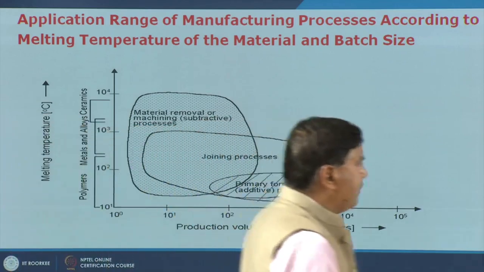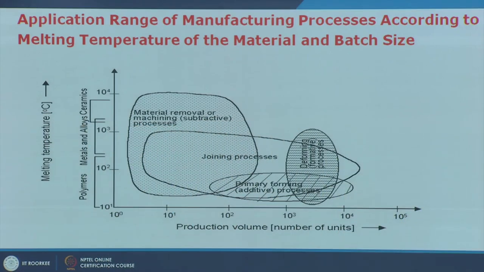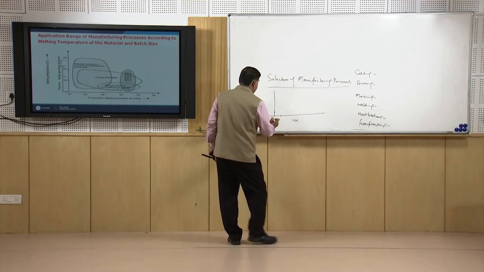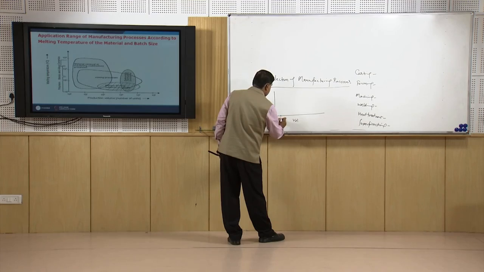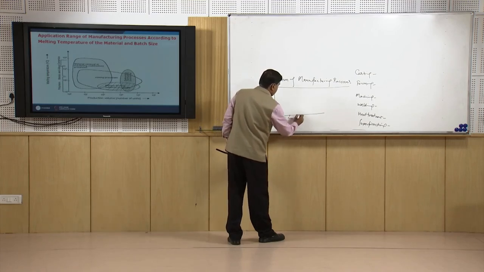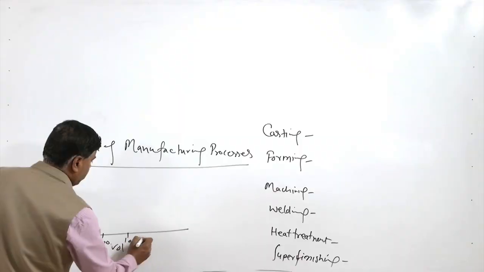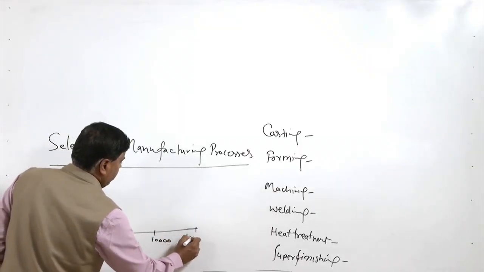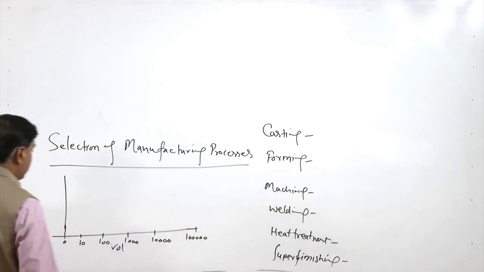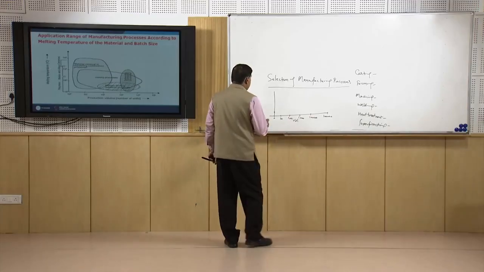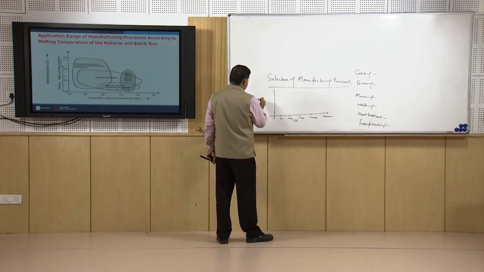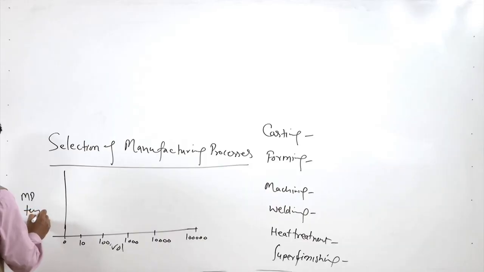So, if we try to put this in a diagram, on the x axis we have volume, starting with 0, 10, 100, 1000, 10,000, 1 lakh, and on the y axis we have the melting point temperature.